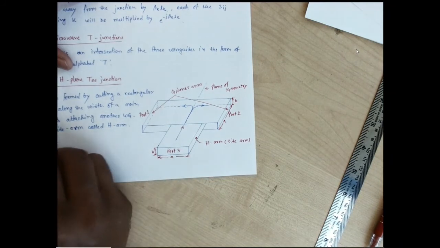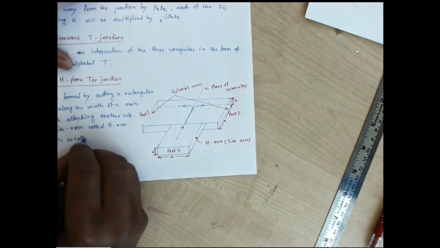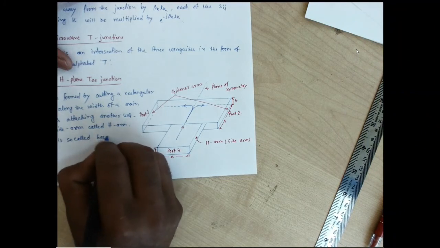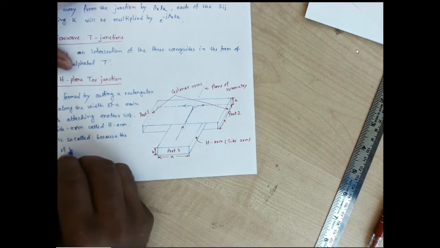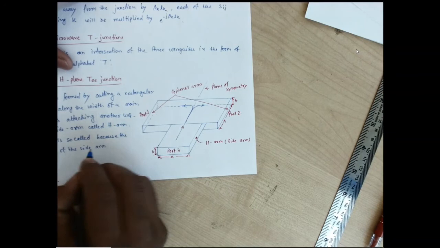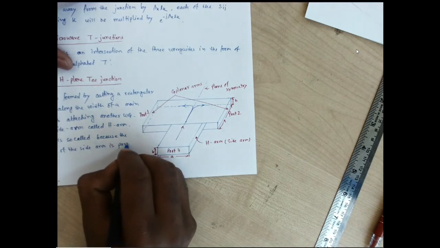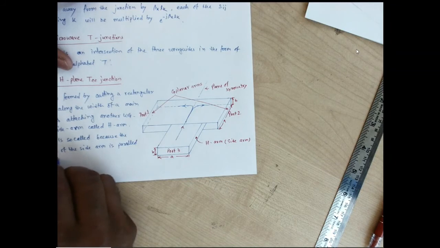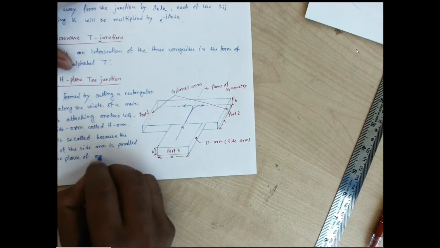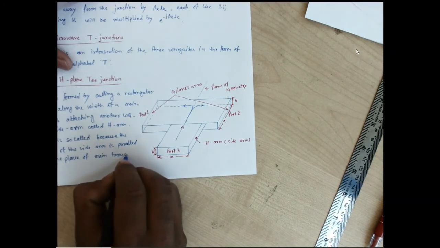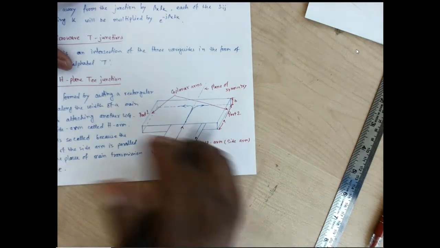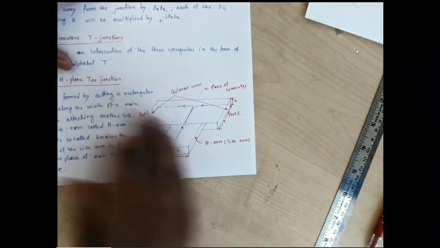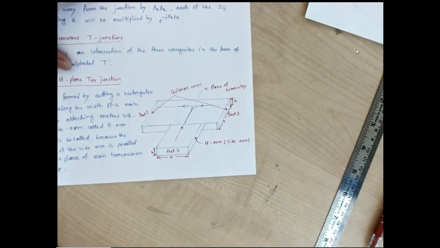It is so called because the axis of the side arm is parallel to the plane of the main transmission line. It is parallel to the plane of the main transmission line. This is the plane, and it is parallel to that.